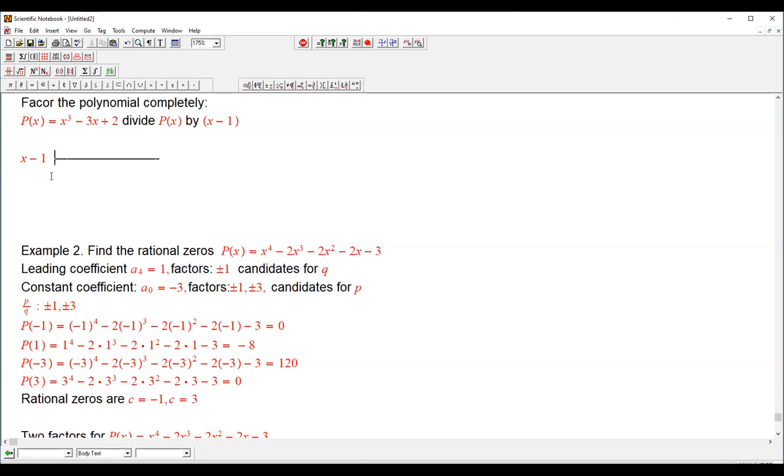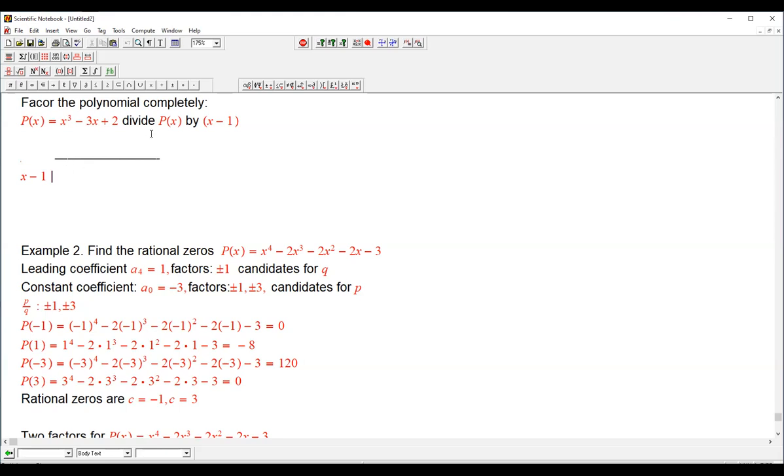It's a little bit awkward to set up. It's much easier to write it on the board, but it's okay. We can do it. So I'm going to do it this way, x minus 1, and over here, that's going to be like that.